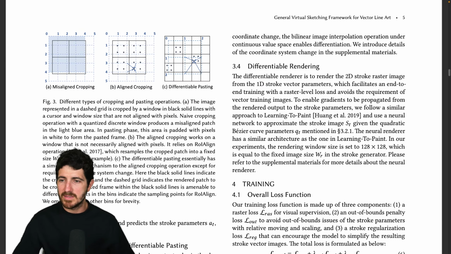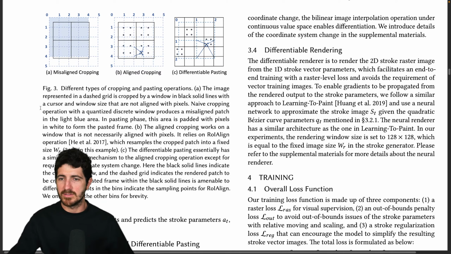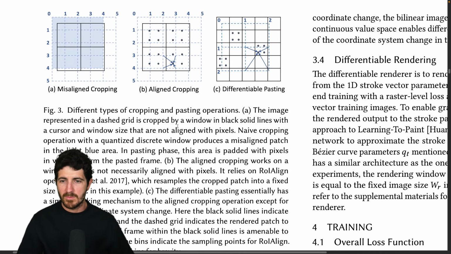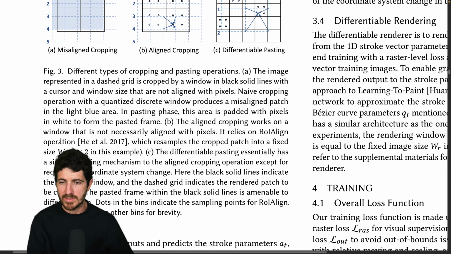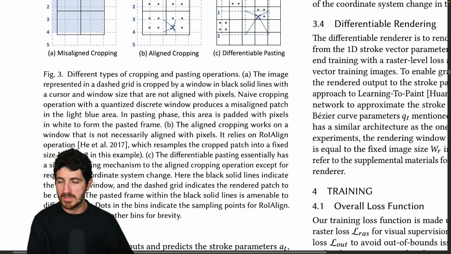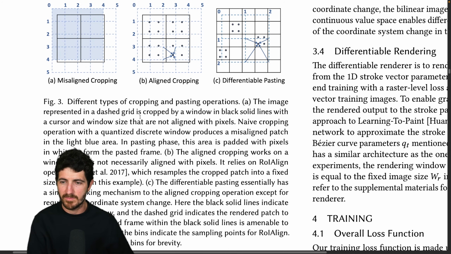The image represented in a dashed grid is cropped by a window in black solid lines, with a cursor and window size that are not aligned with pixels. Naive cropping operation with a quantized discrete window produces a misaligned patch in the light blue area.